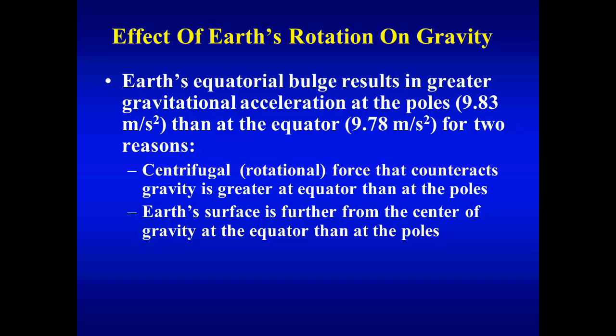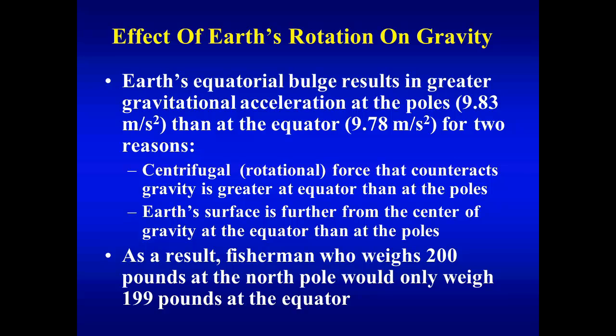And the second reason is that Earth's surface is a little bit further from the center of gravity at the equator than it is at the poles. And as a result, a fisherman who weighs 200 pounds at the North Pole will only weigh 199 pounds at the equator. And there's an actual figure in your book that shows this.